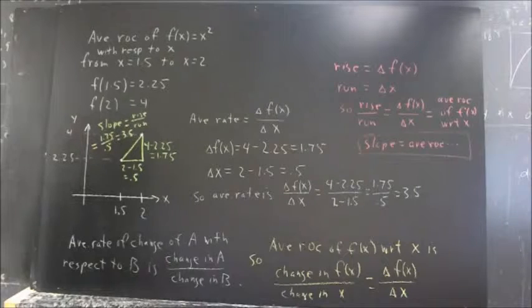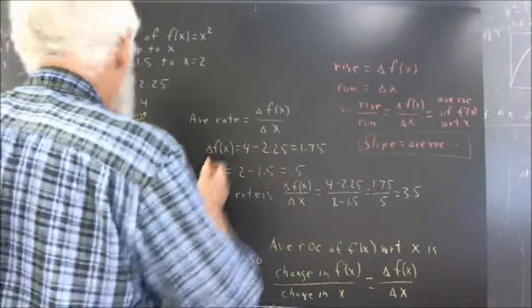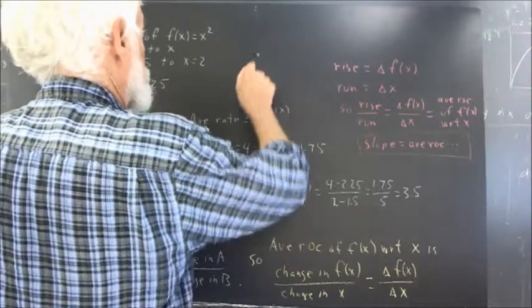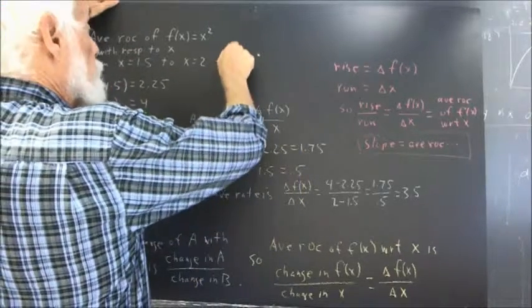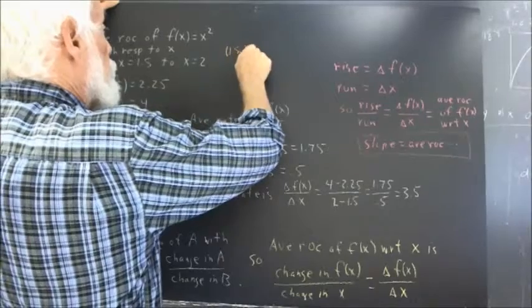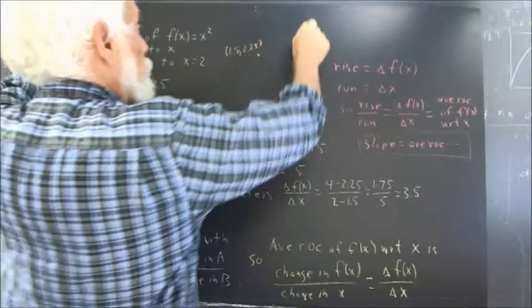Now, we can depict that rate of change on a graph. Okay? If we graph the 2 points, and I did this in class, I'm going to do it here again. Okay, we got the point corresponding to x equals 1.5. That's 1.5, 2.25.